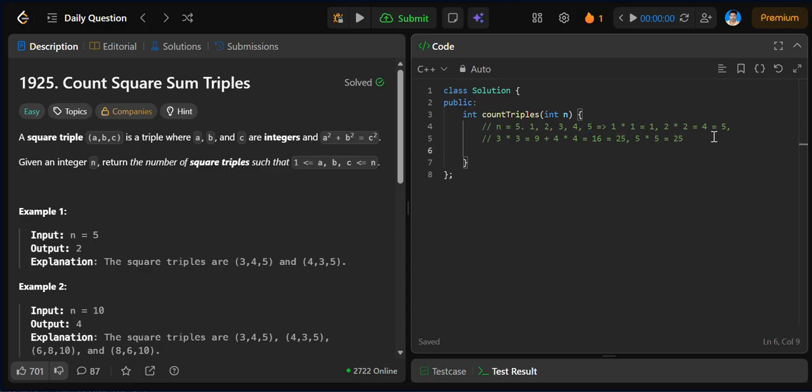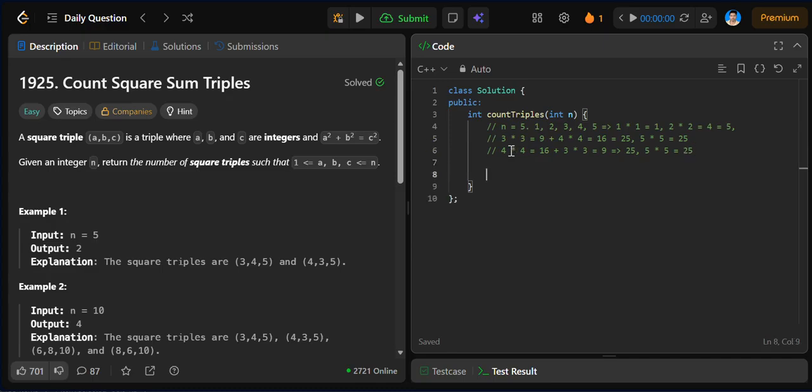And the same we do in the opposite order: 4 into 4 is equal to 16 plus 3 into 3 is equal to 9, which is 25, and again 5 into 5 is equal to 25.